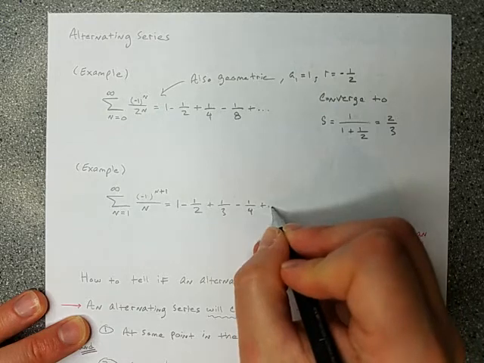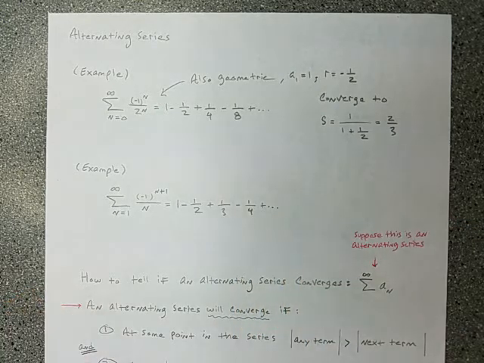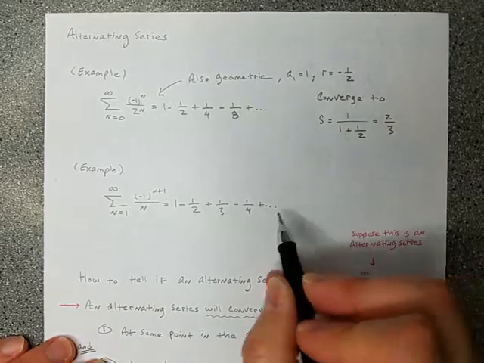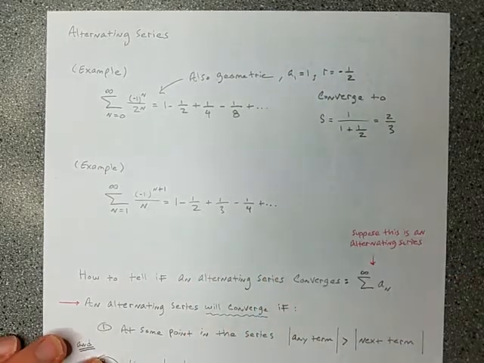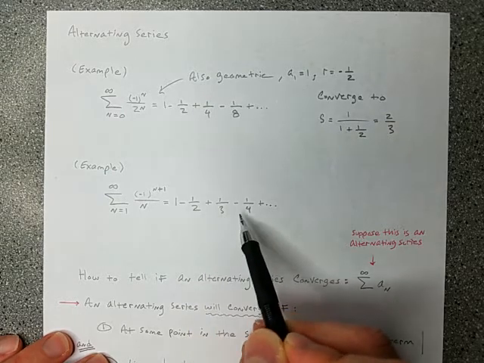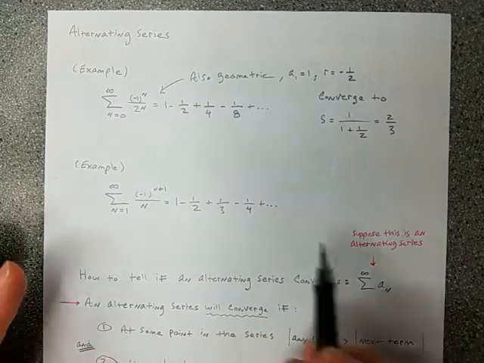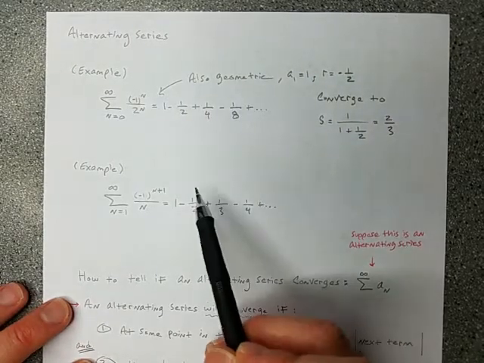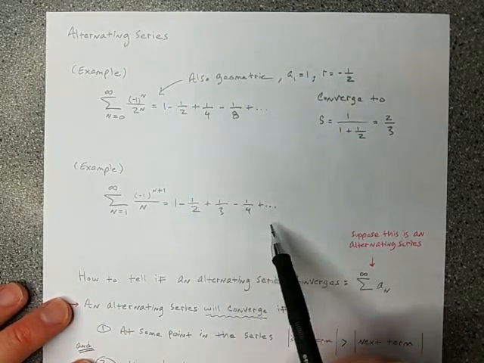From there on it's plus and then minus, and it continues. The terms alternate from being positive to negative to positive to negative and so on. So that's an alternating series. Now, I don't know what this one converges to. That's not easy to figure out.